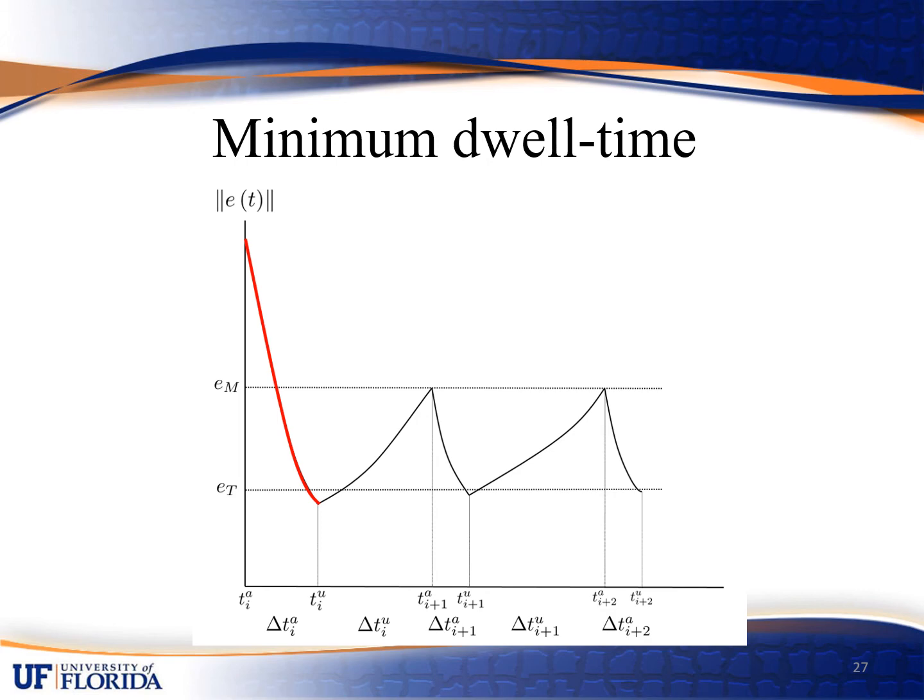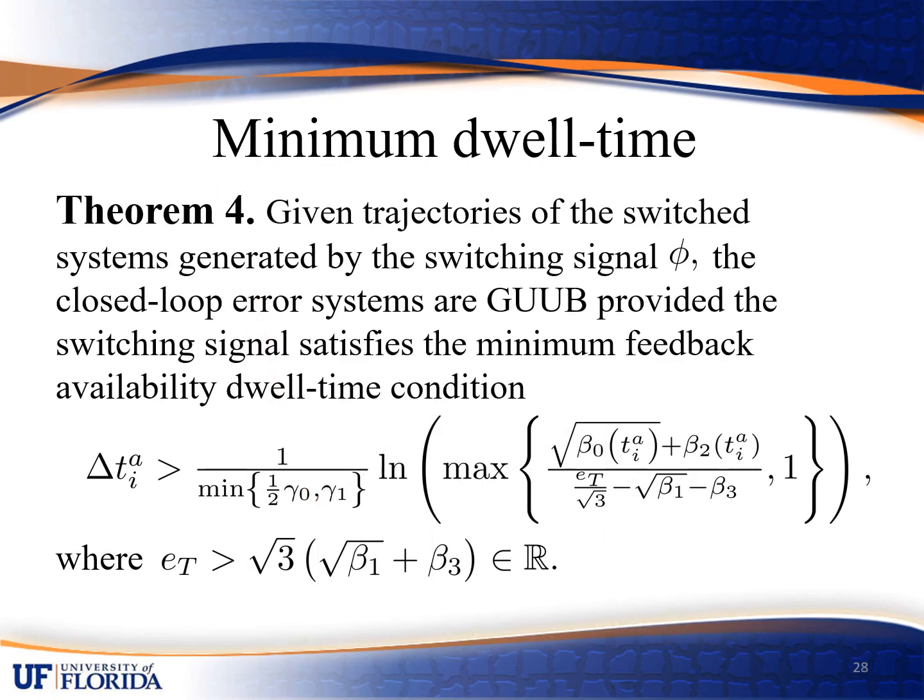Similarly, a minimum dwell time indicates the minimum time the agent must stay inside a feedback region to compensate for accumulated error. As shown in the figure, the red solid line represents the minimum dwell time the agent has to dwell in between time instances TIA and TIU. Similar to Theorem 3, Theorem 4 shows the minimum time the agent needs to dwell inside one of the feedback regions to compensate for the accumulated error, so that the closed-loop error systems are globally uniformly ultimately bounded.